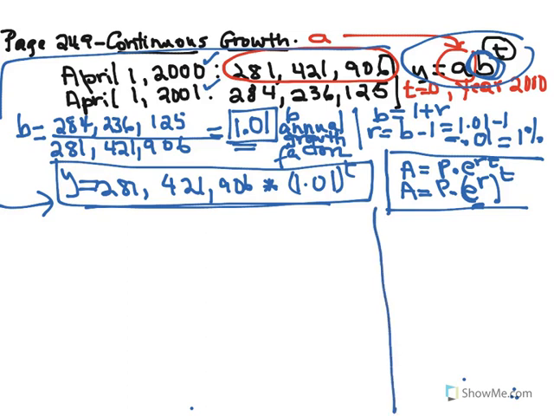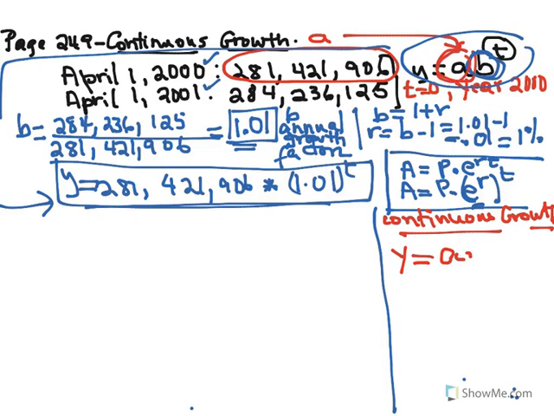So what I need to do is write the formula for continuous growth. In other words, this is the formula that I'm going to use to model the growth of population. My formula will be y equals a, the same a that I have right here.